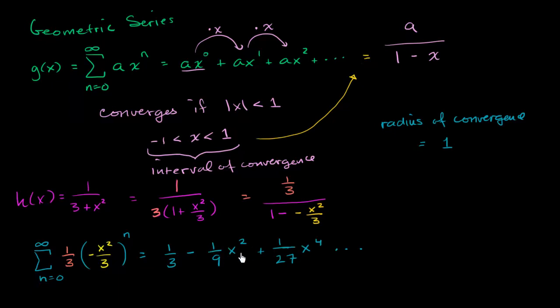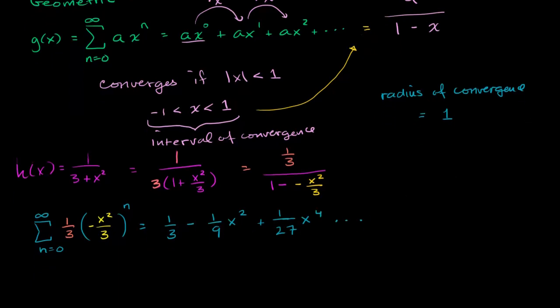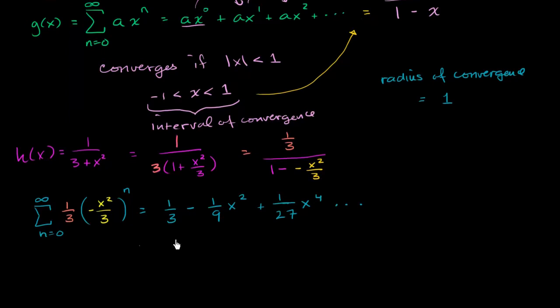Now, what is the interval of convergence here? And I encourage you to pause the video and think about it. Well, the interval of convergence is the interval over which the absolute value of your common ratio is less than 1. So the absolute value of negative x squared over 3 has to be less than 1.